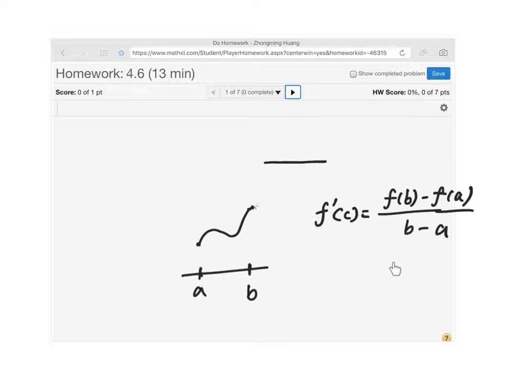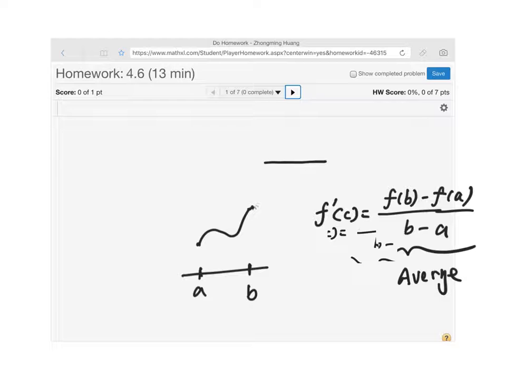The right hand side, you can think of this as your average speed, because the top here, f of b minus f of a, is the change in position, and this is the change in time, so it's the average speed. Here, this is the instant speed.